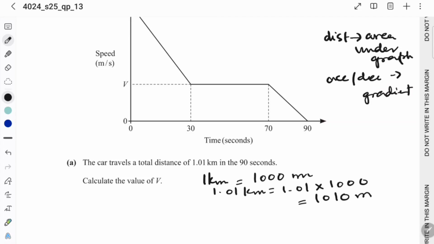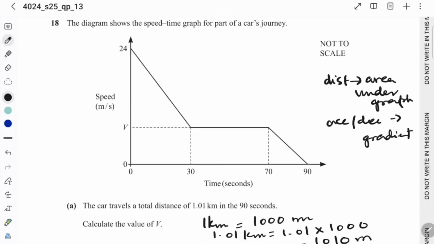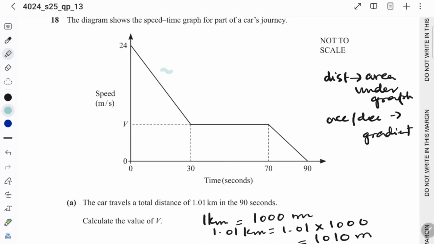Okay, now look in front. They're just telling us about the total distance. It means that the total means the two trapezium. It's up to you. Either you can just make it into few parts and then do it. This is one trapezium, okay, and you can have the another trapezium also, this one, okay.